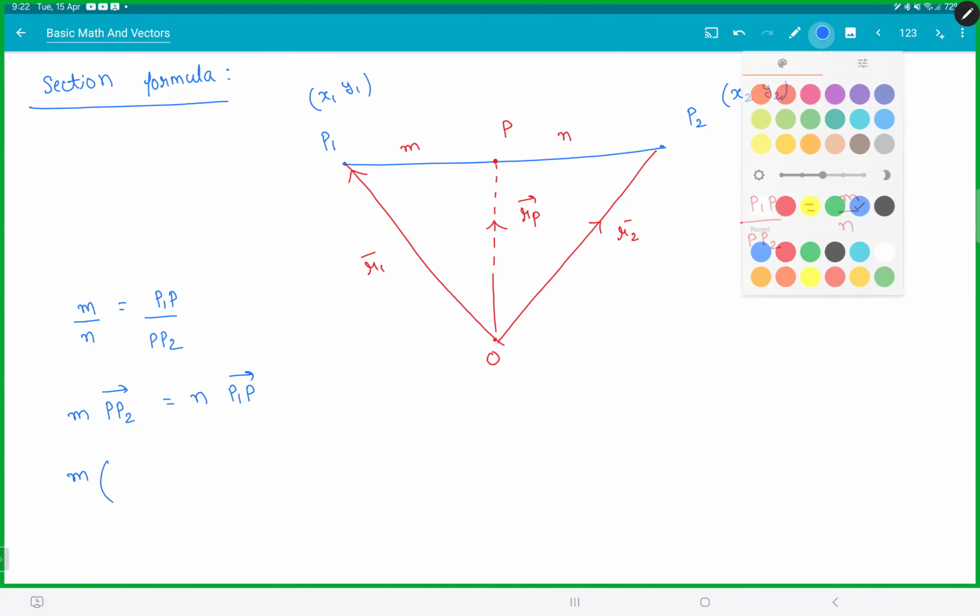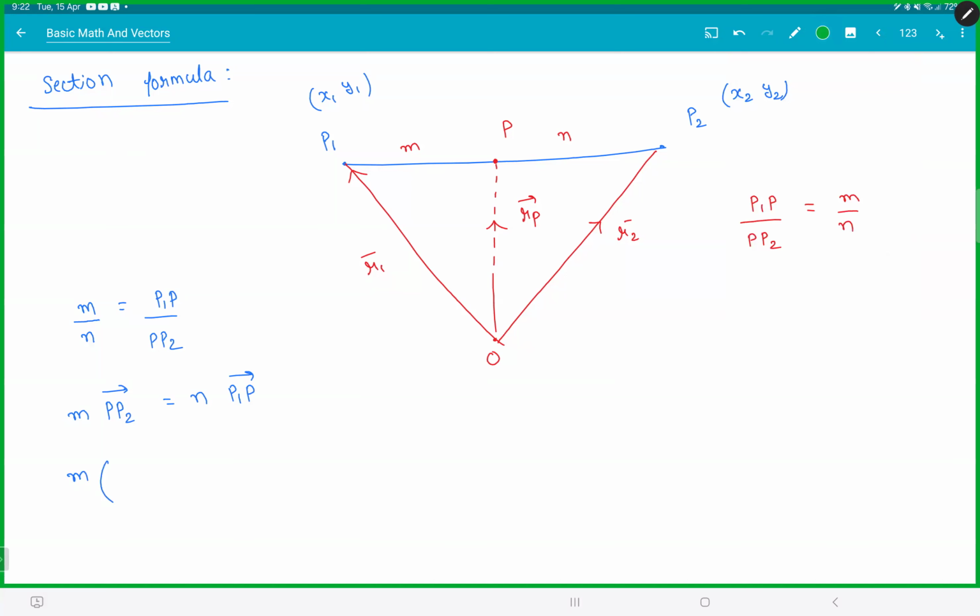Just now we saw from the triangle law. Look at this thing. So PP2 will be what? If you want to go from here to here, it is as good as going this way and this way, isn't it? Down and then to the right. So PP2 will be, you can come down. So that will be PO bar plus OP2 bar.